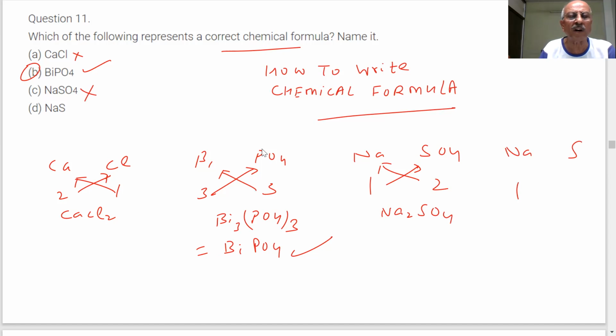What is the valency of sulfur? It is present in the same group. What will it be then? Then this is also wrong. Then what is the correct answer? B.